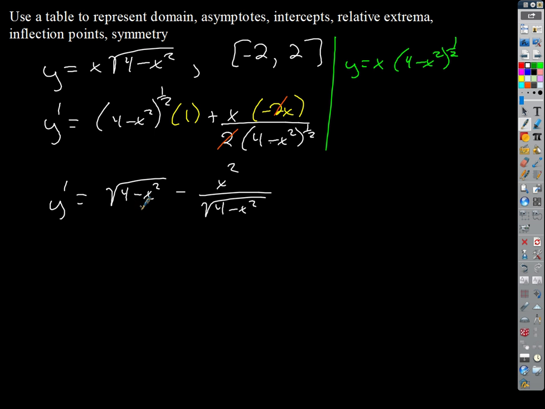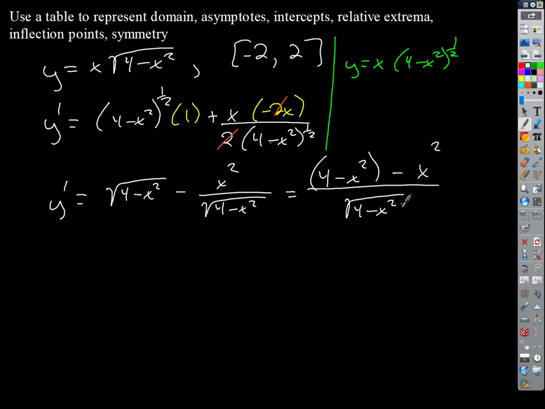I want you to watch this. This first term is going to become, since the square root times the square root undoes the square root, 4 minus x squared minus x squared over the square root of 4 minus x squared.